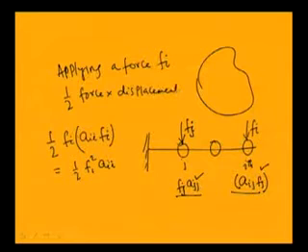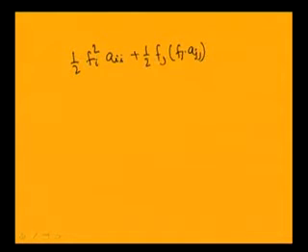So, the total work done will be half Fi² Aii plus half Fj² Ajj plus half Fi.